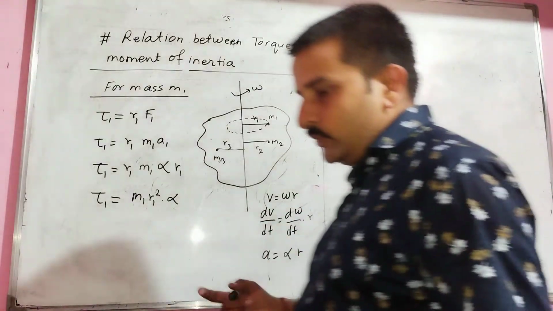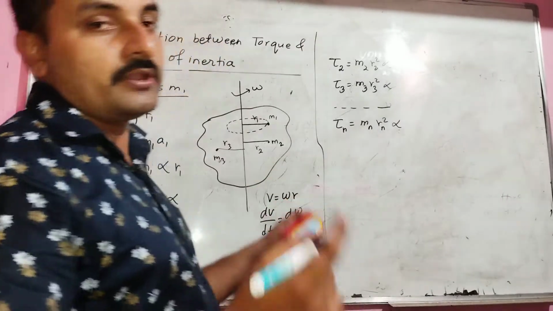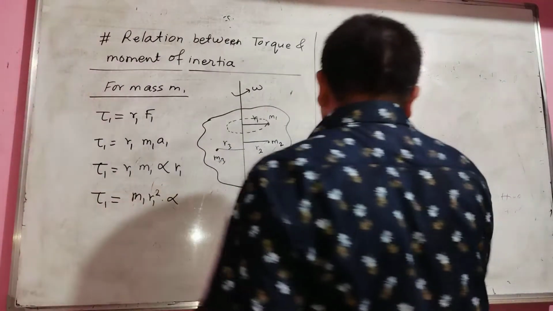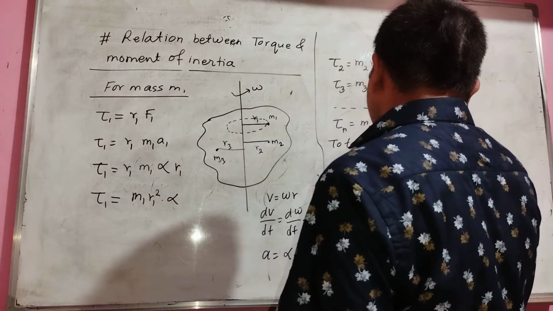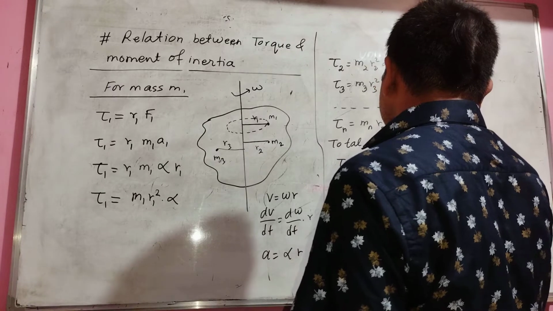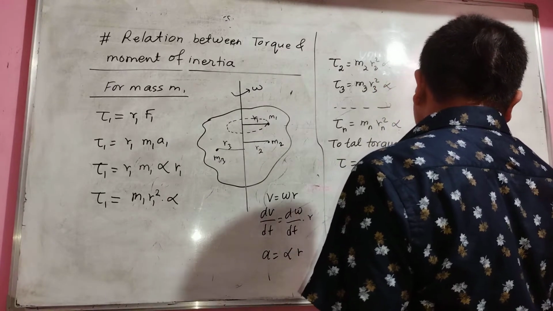In this way we can find the torque for the different masses. Now, to find the total torque, tau will be tau 1 plus tau 2 plus and so on up to tau n.